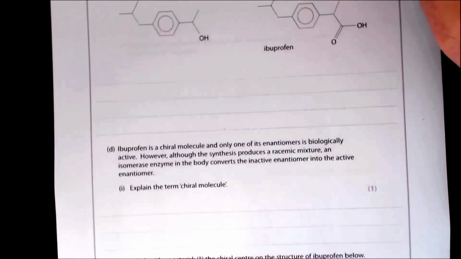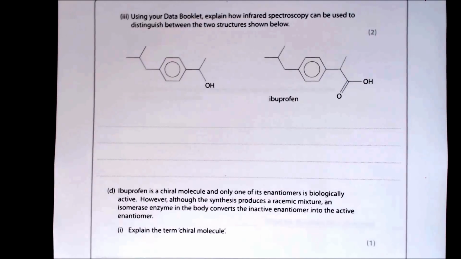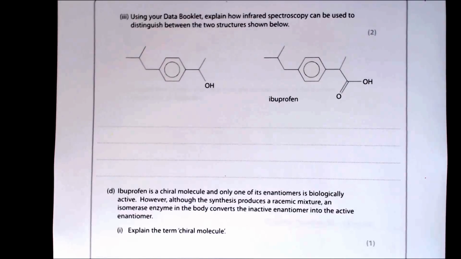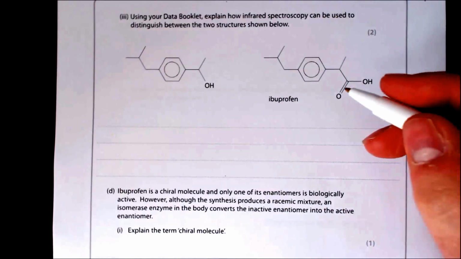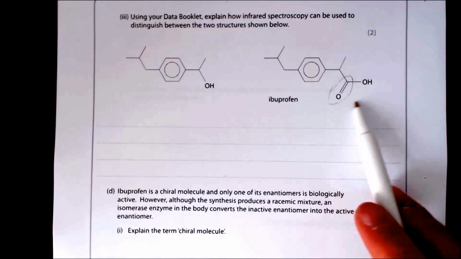It's quite a big question, this. Okay, there's certainly a lot of pages. So part 3, using your data booklet, explain how infrared spectroscopy can be used to distinguish between the 2 structures shown below. Okay, right, so I suppose the key thing here we're looking for is key differences, and the biggest difference is this, look. We've got a carbonyl group there, and it's actually part of a carboxylic acid.